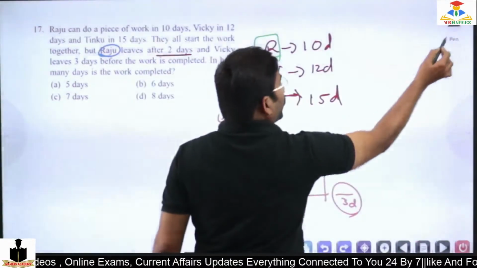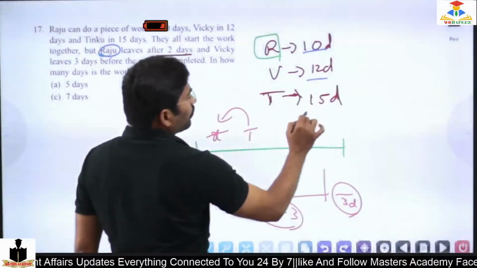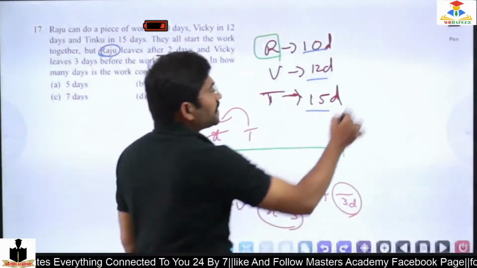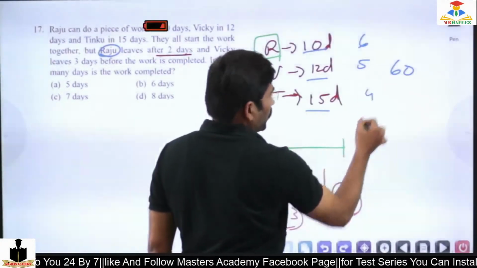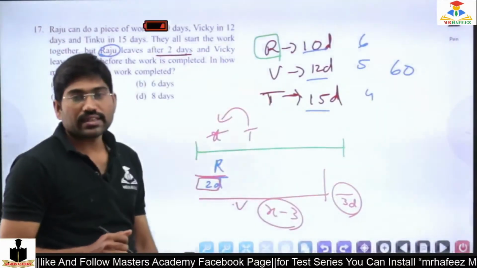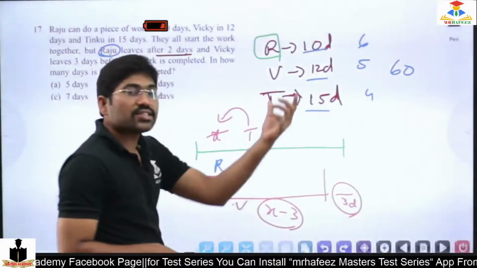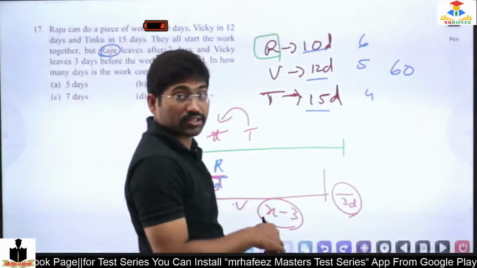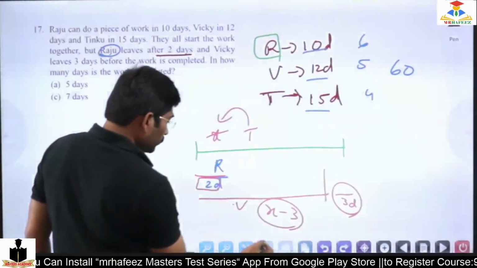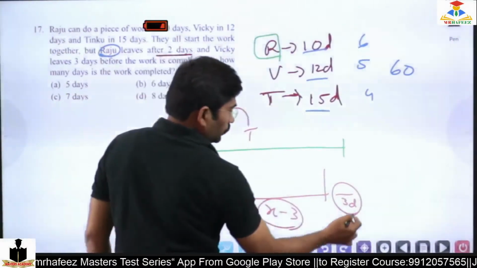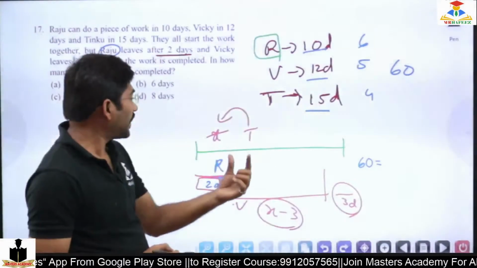So now we need to calculate. See, 10, 12, 15. What is the LCM? LCM is 60. 10, 6 times, 12, 5 times, 15, 4 times. So now it is very easy for us as we take 60 units as the work. 60 equals the work done by Tinku.